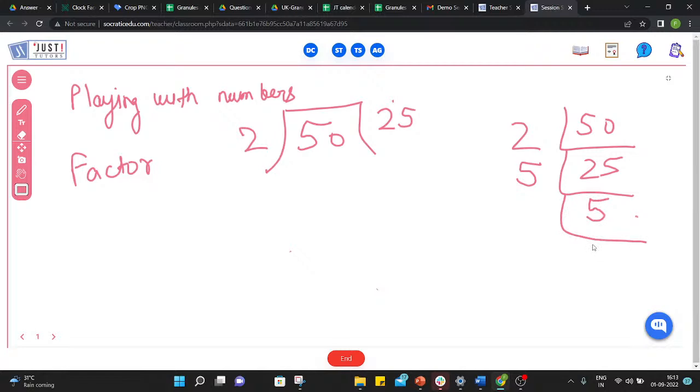Now we have got 5. I'm going to tell you one very important thing: whenever your answer is reduced to a prime number, you have probably heard about prime numbers. Prime numbers are numbers which are not divisible by any other number other than itself and 1.